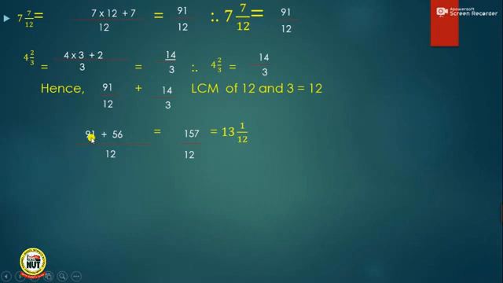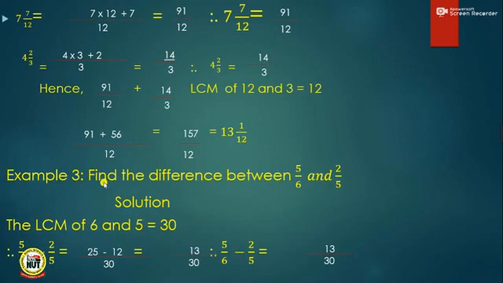So we're going to add these two numerators together. 91 plus 56 gives us 147 all over the denominator, which is 12. So how many 12 can you get in 147? You can get 12, remainder 3 all over 12. So 91 all over 12 plus 14 all over 3 is equal to 13 whole number 1 all over 12.